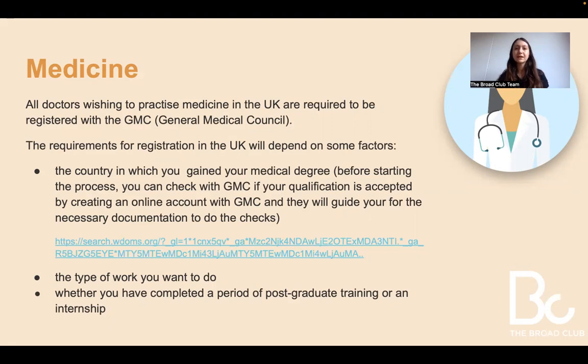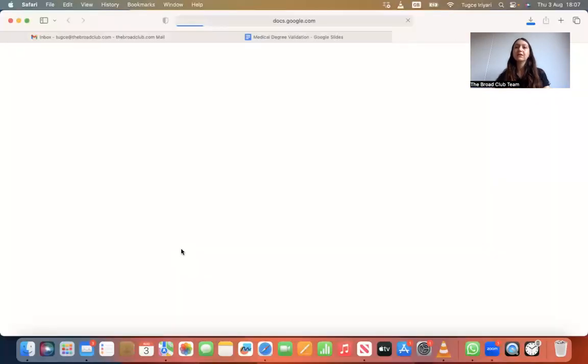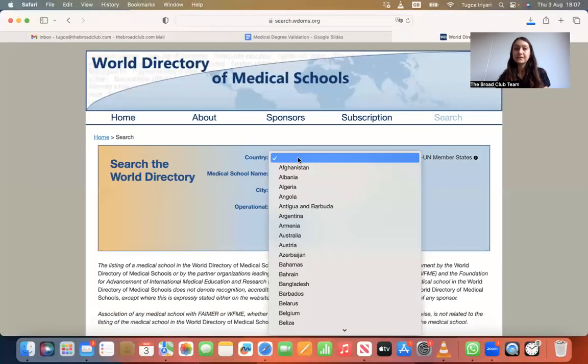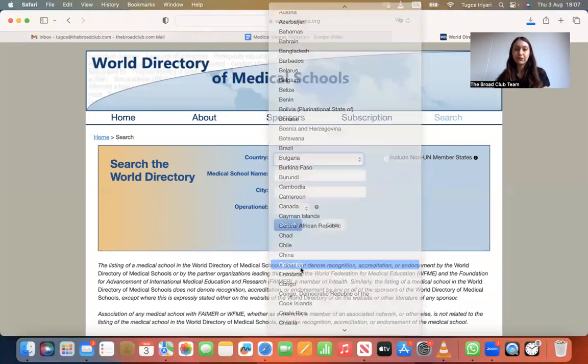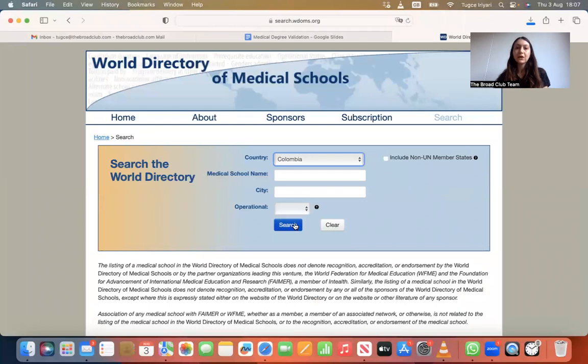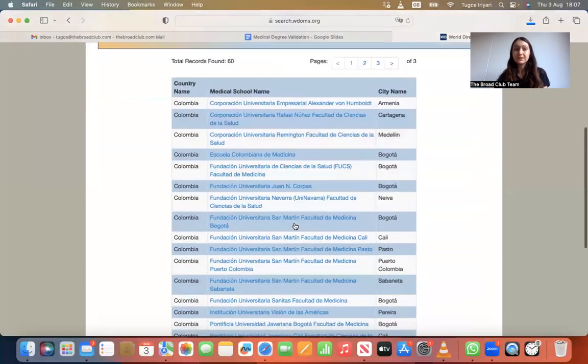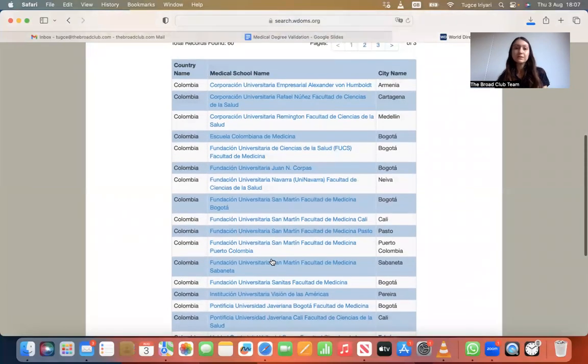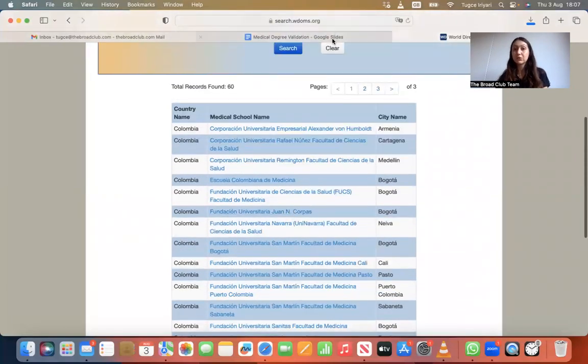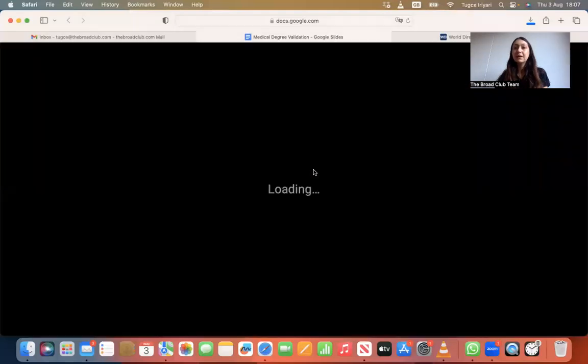To understand this, first of all, you can check if your medical school is registered here in the World Directory of Medical Schools. Let's check it out for Colombia. You'll be seeing 60 medical schools registered here. If your university is one of those, that means most likely your qualification will be accepted by the General Medical Council.